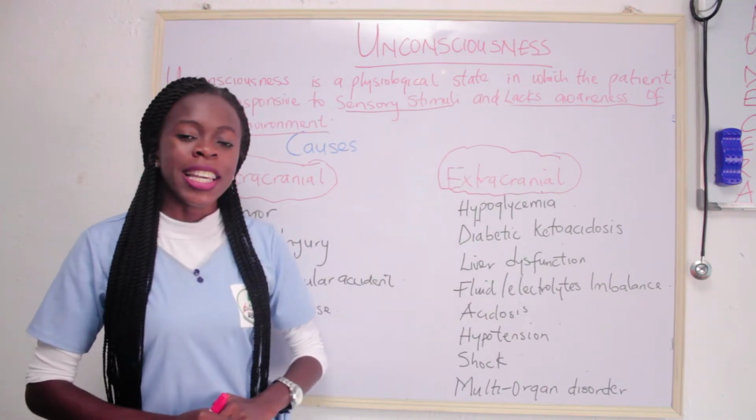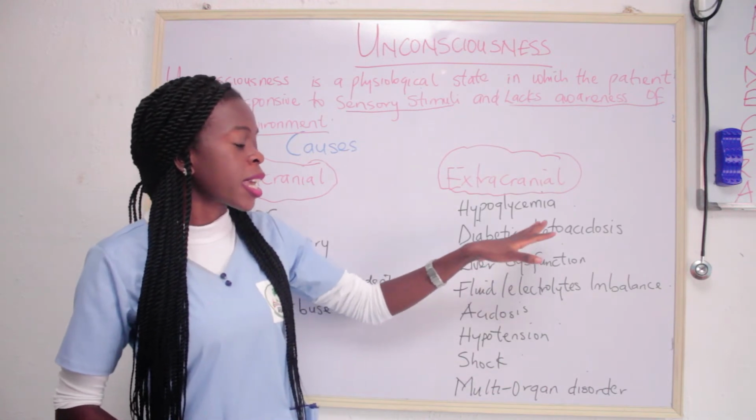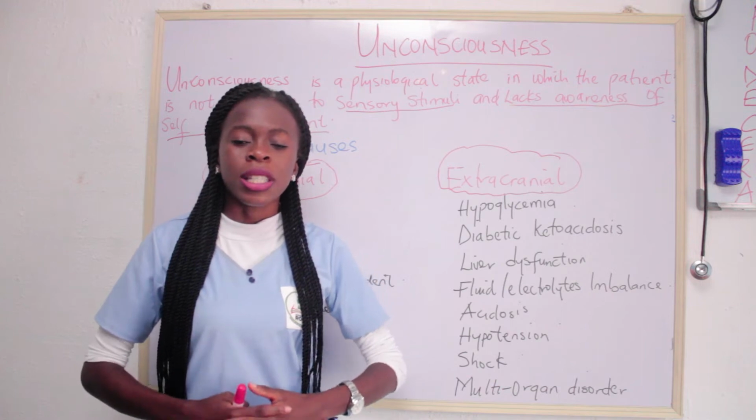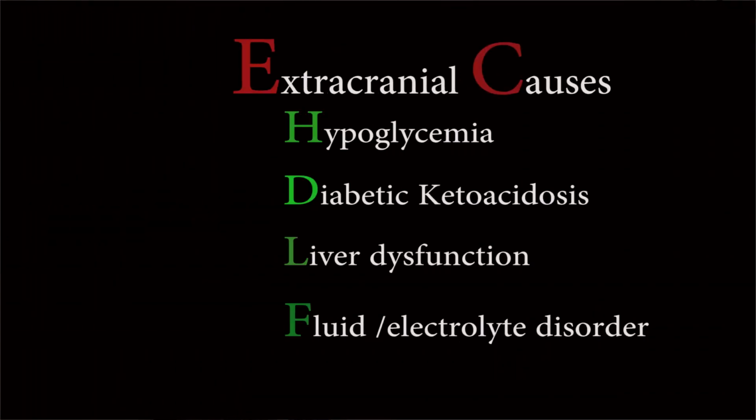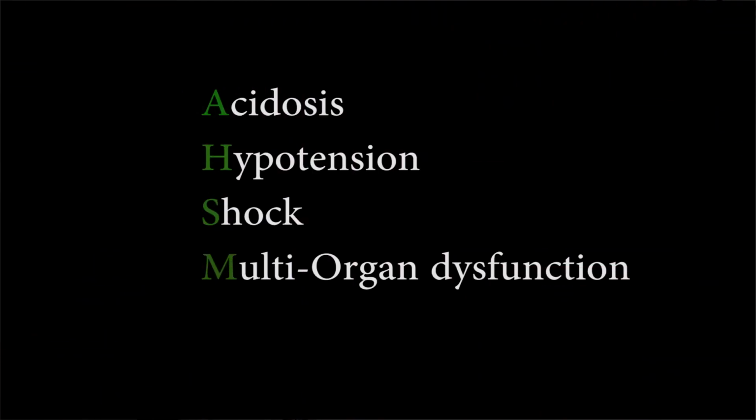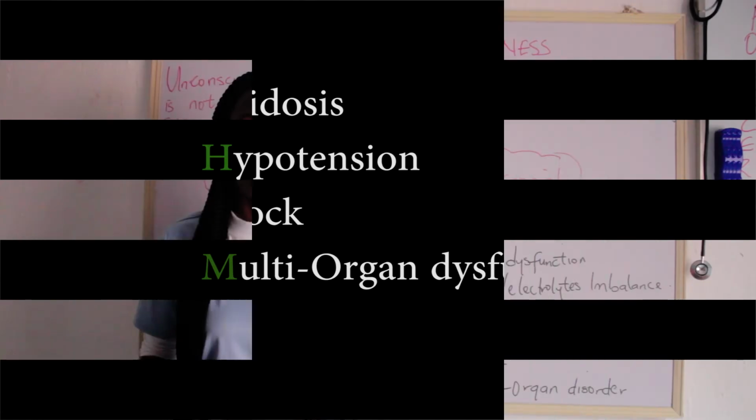Then the other is diabetic ketoacidosis. Diabetic ketoacidosis is a complication arising from diabetes mellitus. What else do we have? Liver dysfunction, fluid and electrolyte imbalance, acidosis, hypotension, shock, and multi-organ disorders.